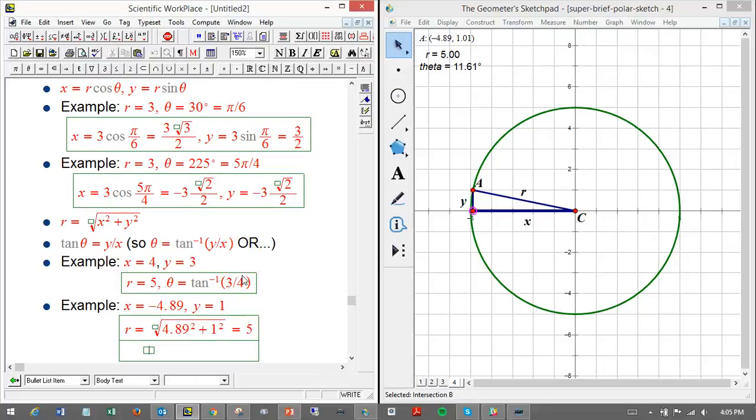But now, if you tried to do the inverse tangent of 1 over minus 4.89, it's not going to give you the right thing. You're going to have to add, I'll say pi, to get the right thing in radians. So that's tricky, but it's the exact same trickiness that we had with vectors. Okay, that is our super brief intro.